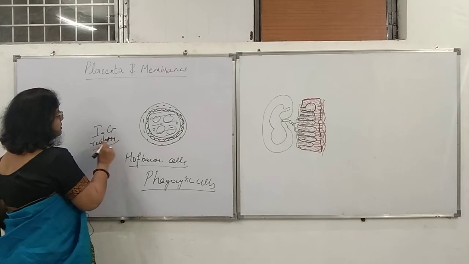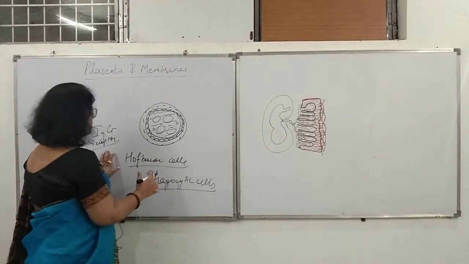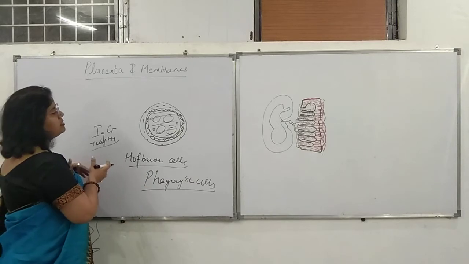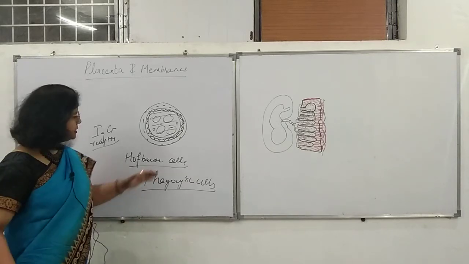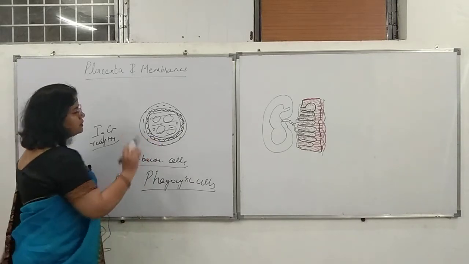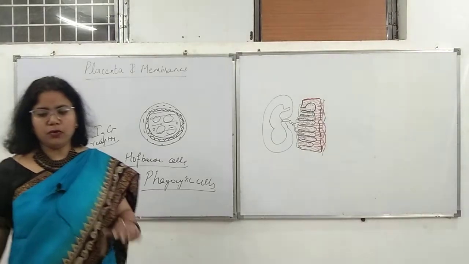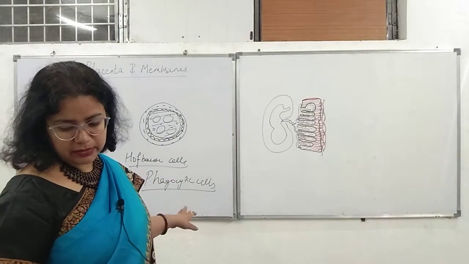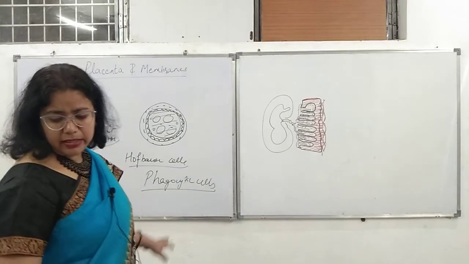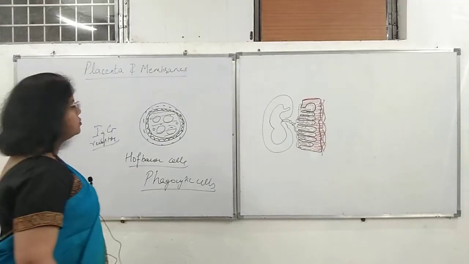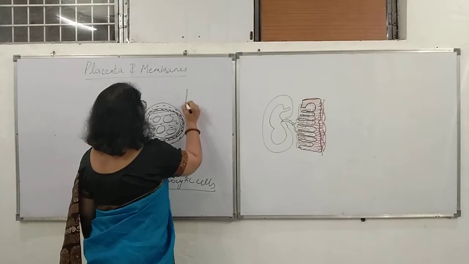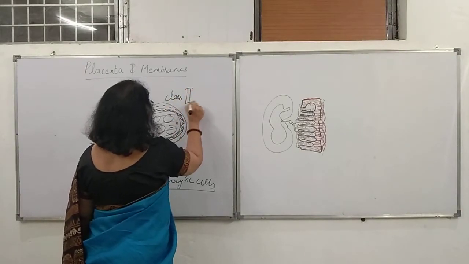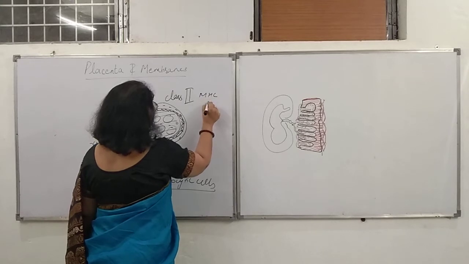When the IgG comes and binds with the IgG receptors, they are engulfed, phagocytosis takes place, and then it is transferred toward the fetal side. So, these are the importance of Hofbauer cells, and they can express class 2 MHC.